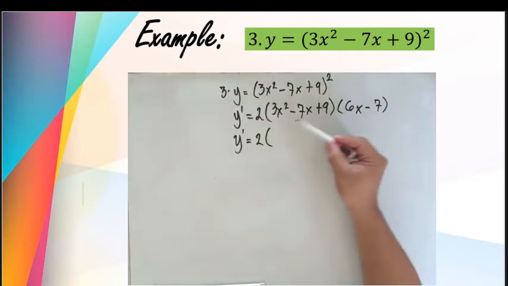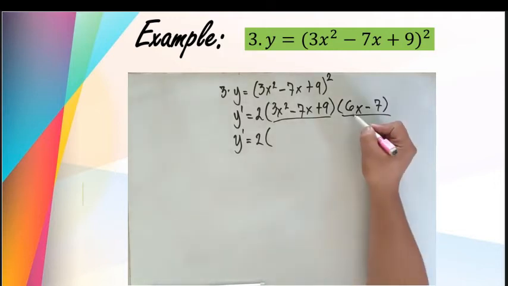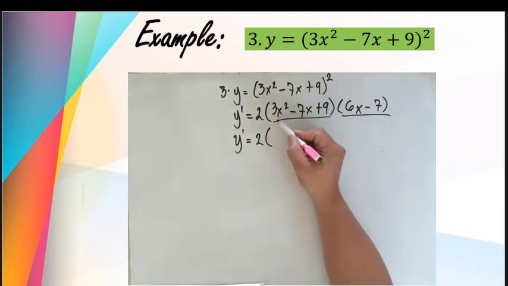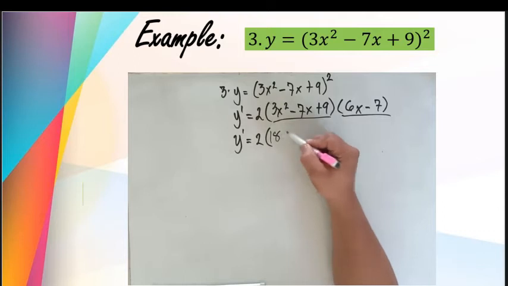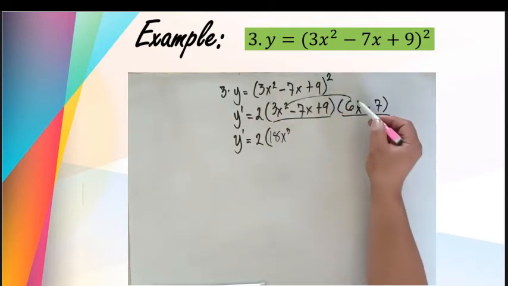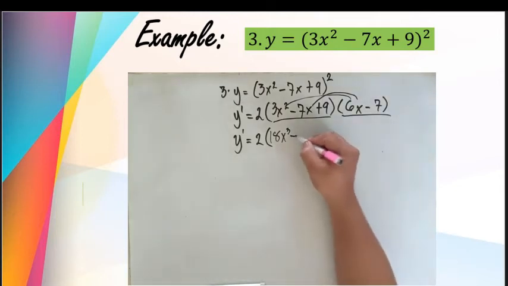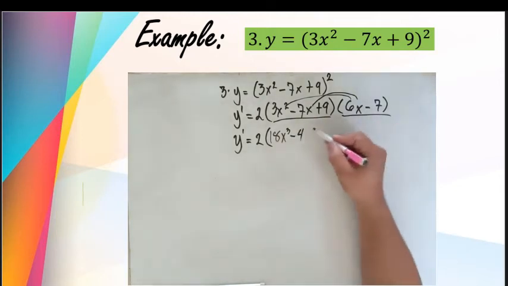Then let's multiply these two polynomials. We have 6x times 3x squared is 18x cubed. 6x times negative 7, so that is negative 42x squared.